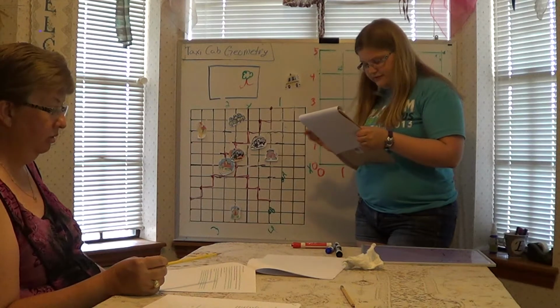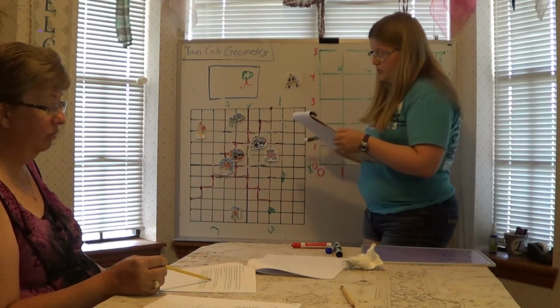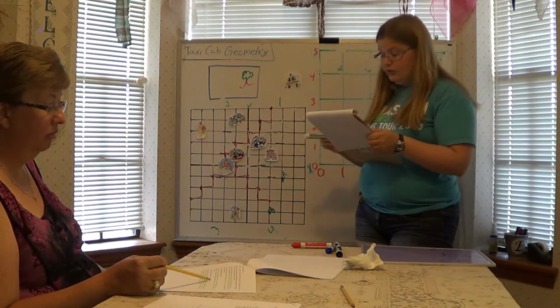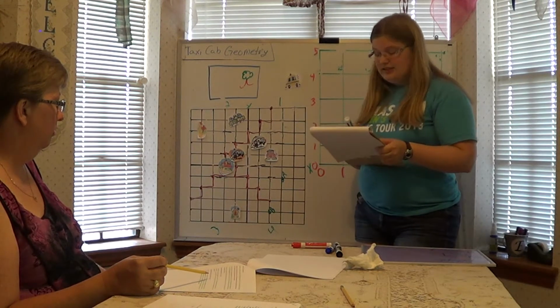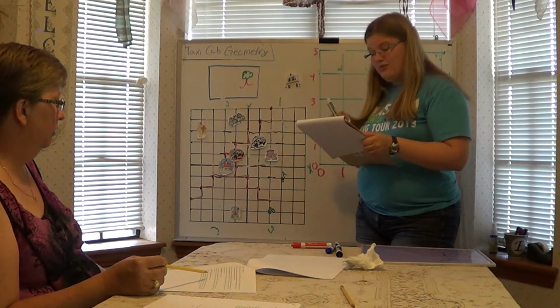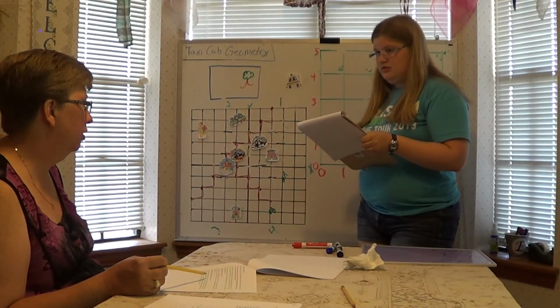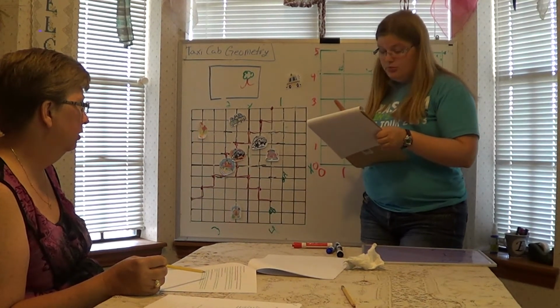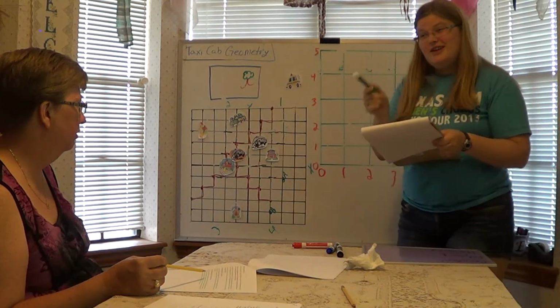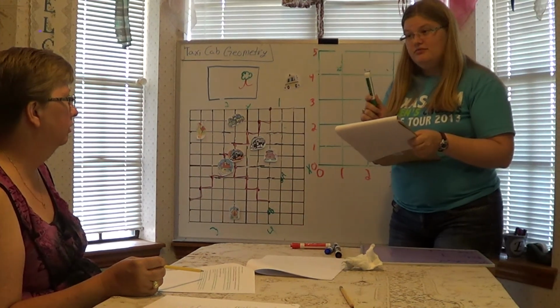Good job. It's 4. So the distance between these 2 points in taxicab geometry is 4. Now, what if I were to ask you what the distance between these 2 points in regular geometry is? It would be the rise over the run. No, that would be the slope. But that's a question I'm going to give you to keep your brain chewing on.